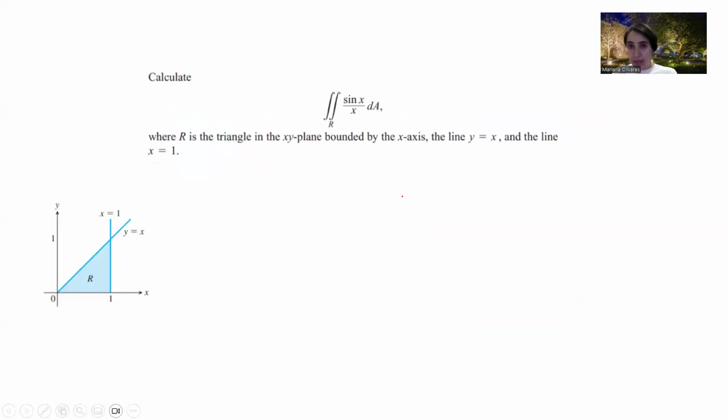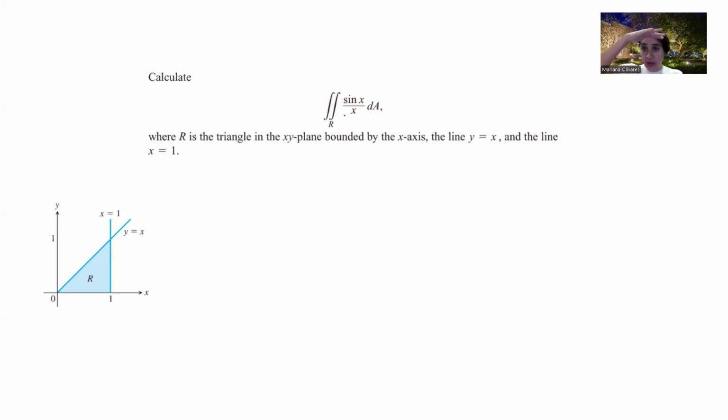So this is an example, so you can notice how to solve the exercise. In this case, they are asking us to calculate the volume of this function.